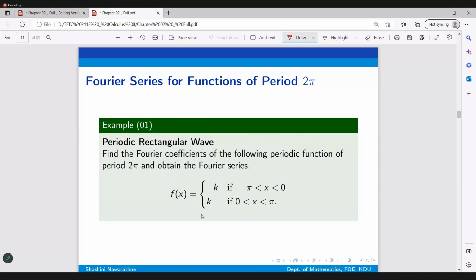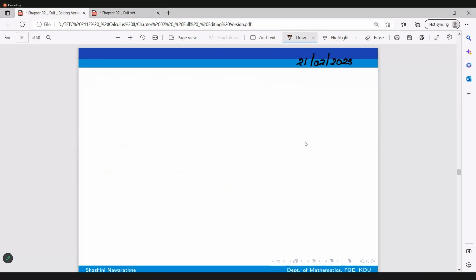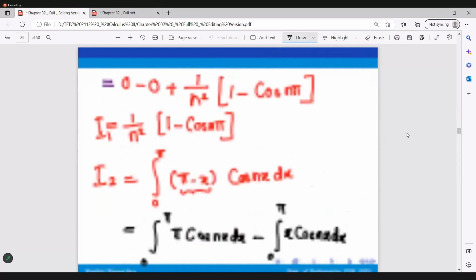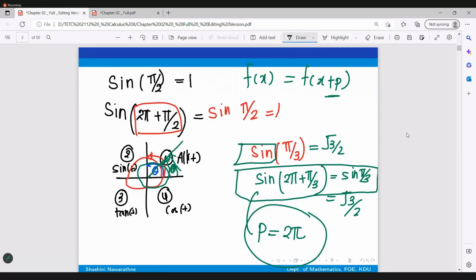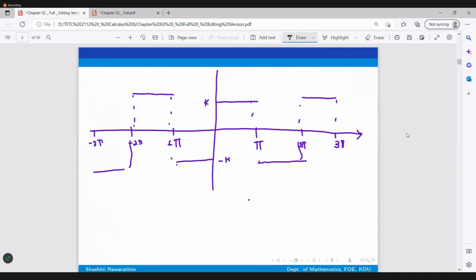In this example, we have plotted the graph of this function as well. I will go back with the graph. This is the graph of that function.